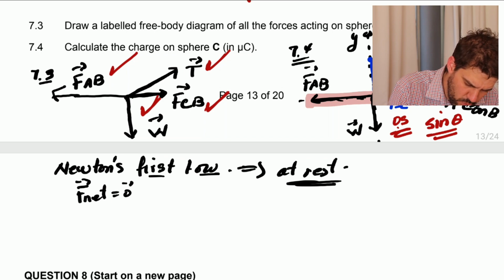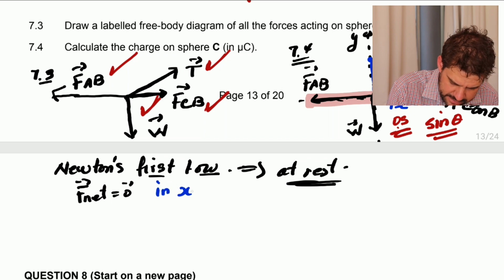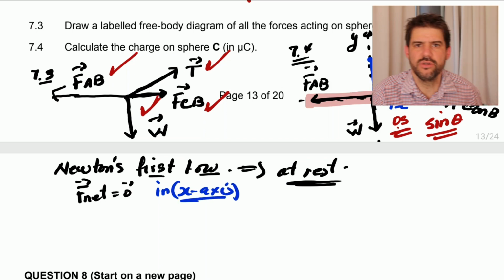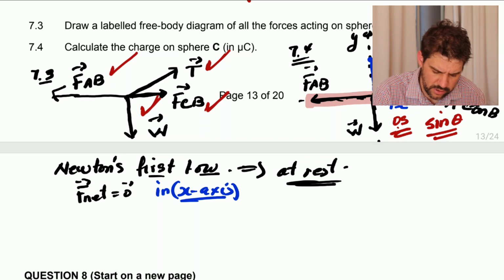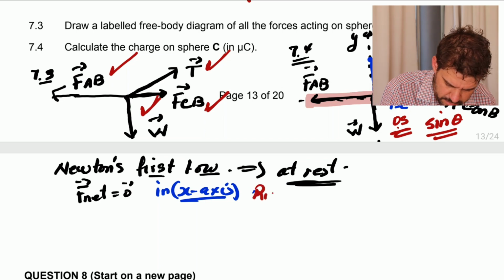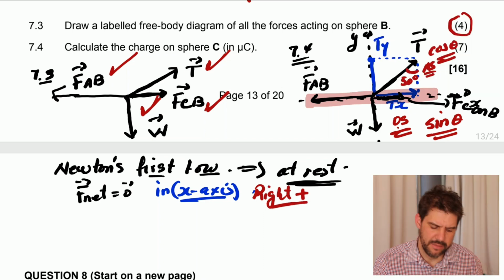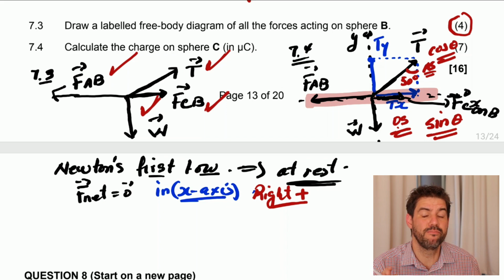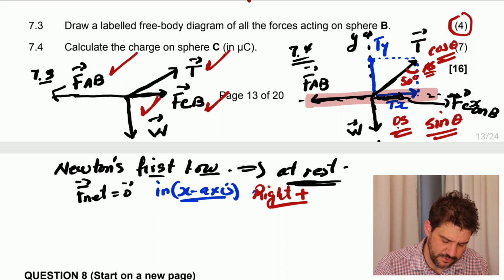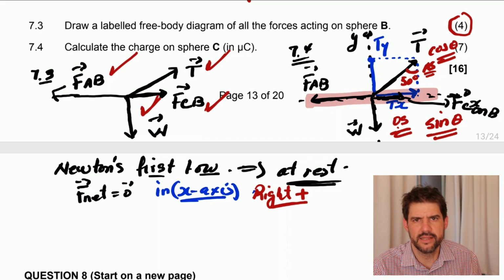Guys, we are working in the X axis. And the direction is entirely up to you. We have right or left. Let's write right as positive. Right is positive. It means all the forces that are pointing to the right are positive, and all the forces that are pointing to the left are negative. You can do the vector addition first and then work with the projection.